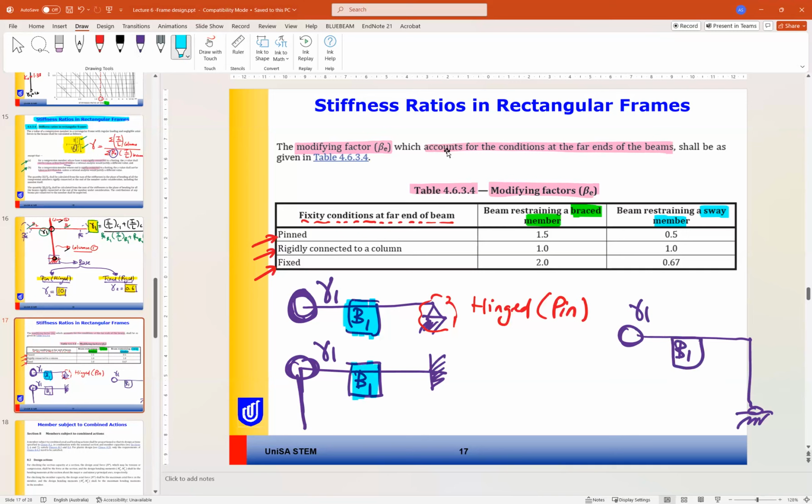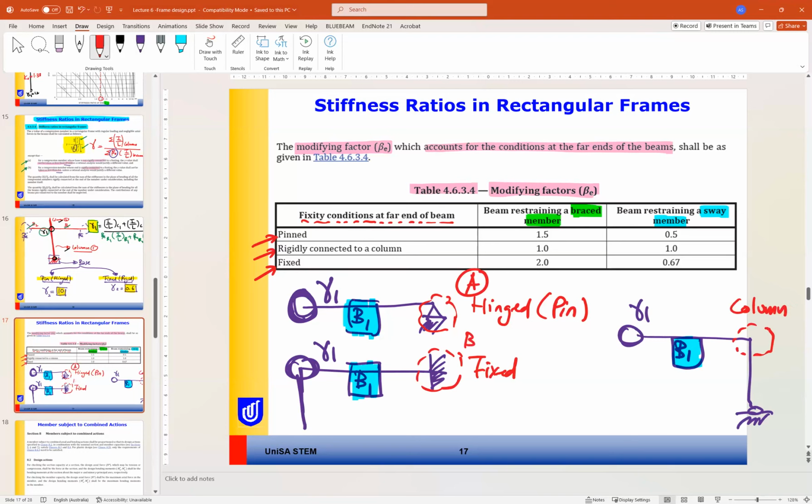So this B1, this B1. So the first case is hinge. The second case is fixed support. The third case is a column.